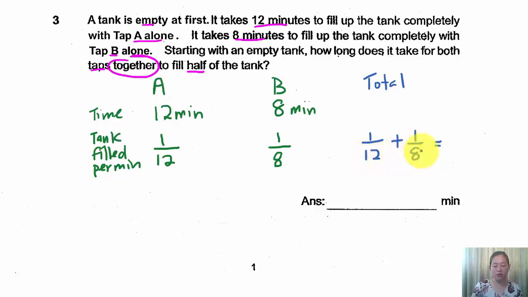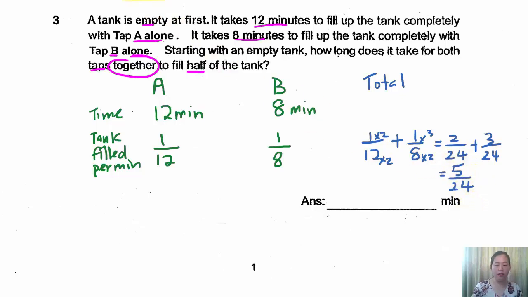It is not necessary to multiply by each other because the number will be big, but this is a calculator question, so I think it's very manageable. But I will just show you times 2, and here will be times 3. So this is 2 over 24 plus 3 over 24, and it will be 5 over 24.